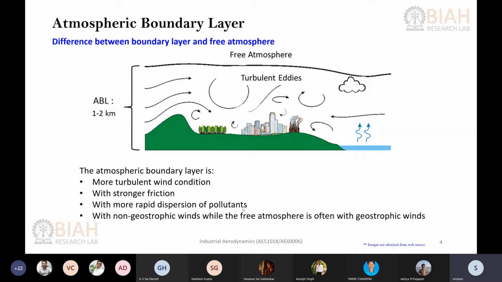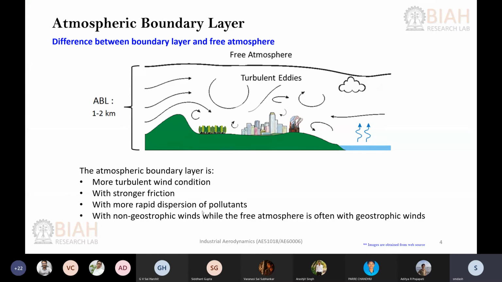Since you have a lot of atmospheric circulation in this region, the pollutants you get from industries, or for example pollens sometimes, can be mixed well in the atmospheric boundary layer, because you have many small scale and large scale eddies present in the ABL. Therefore, rapid dispersion of pollutants is possible.